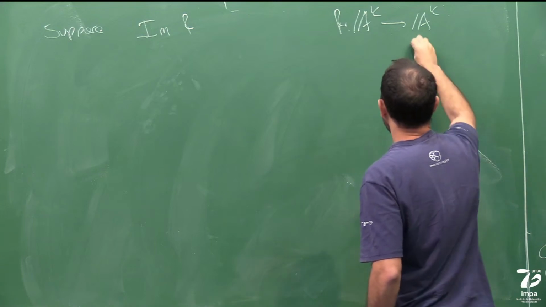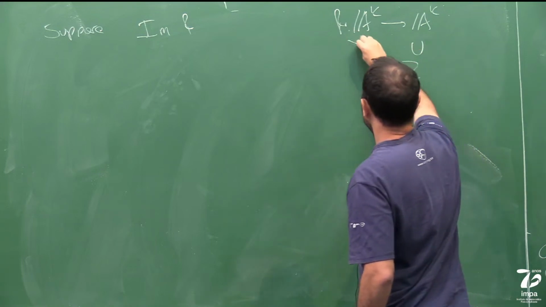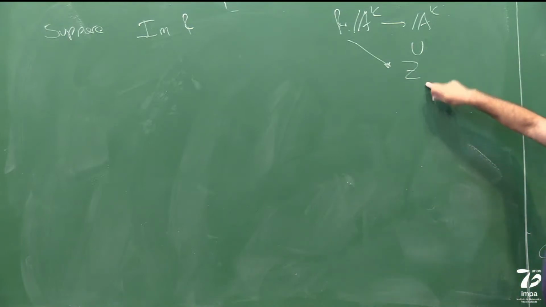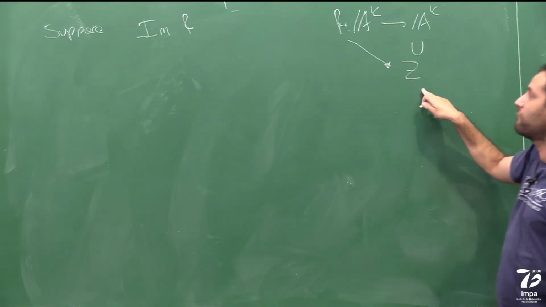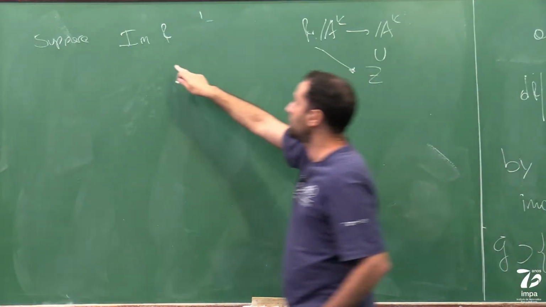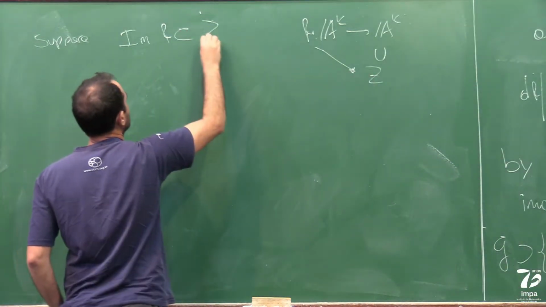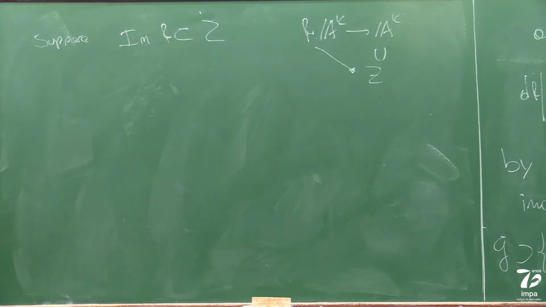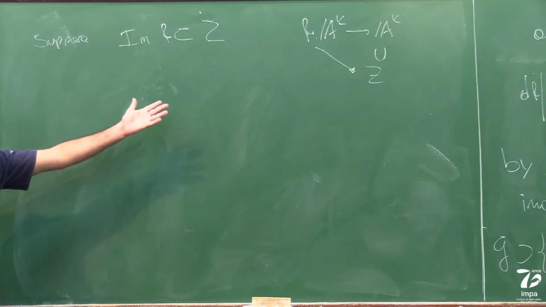Then there's some subvariety of A^k through which this map F factors. So the image of F is all included in some subvariety of A^k. If it doesn't have a Zariski open, then it's included in some closed space.